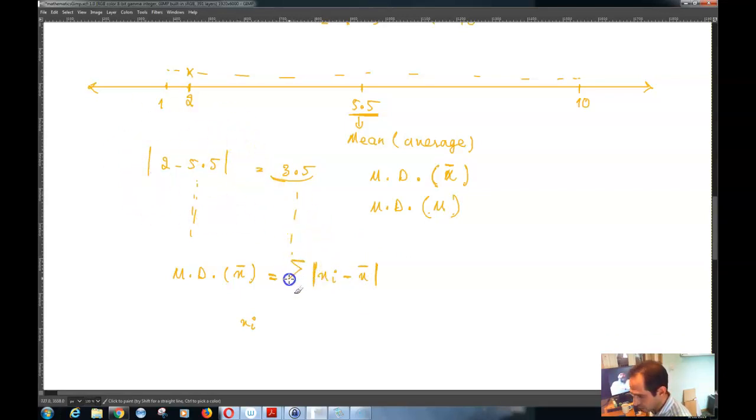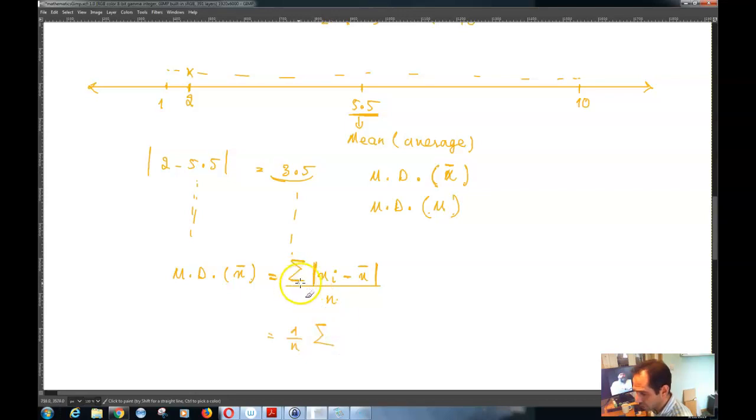So I write the sigma of all of these, all of such points. And of course, then you have to divide that by the number of the observations, because you want to find the mean of those things. So divide by n, which you can write as 1 divided by n times sigma.